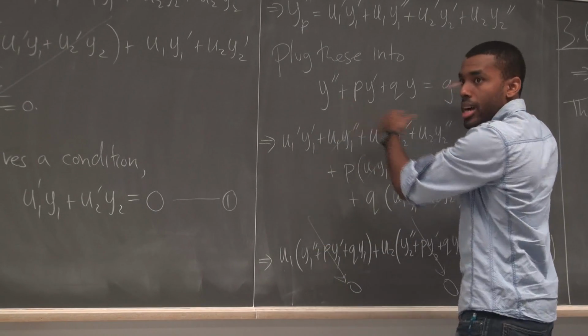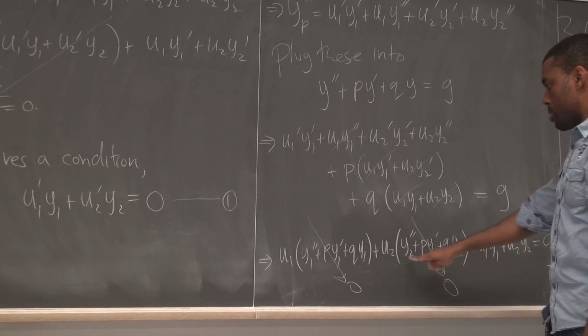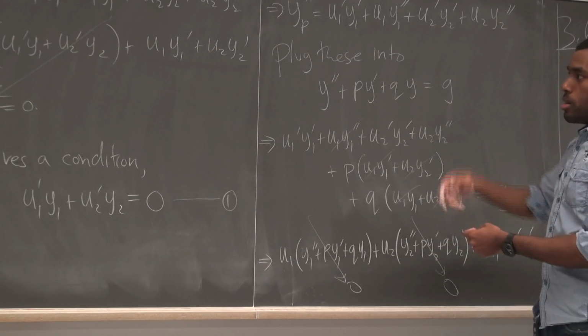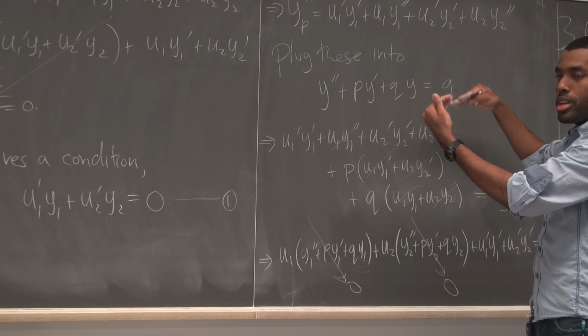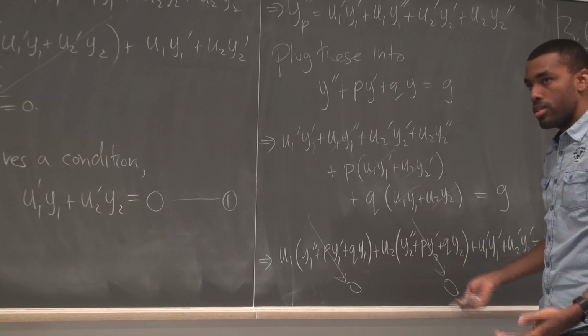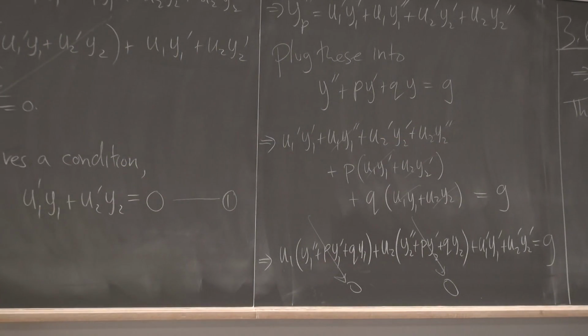So if I plug it in here, I should get 0 as the result. But then why is the second part 0? Same thing, y2 is also a solution to the homogeneous equation. I assumed that before I found the two homogeneous solutions, I called them y1 and y2, which means when I plug them into my differential equation, I get 0. Okay? So eventually we end up with that system, which I'm solving by Cramer's rule.